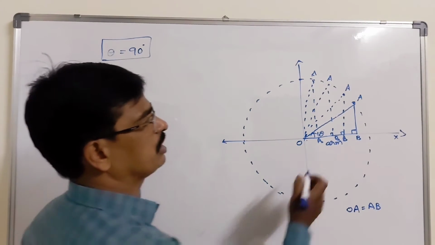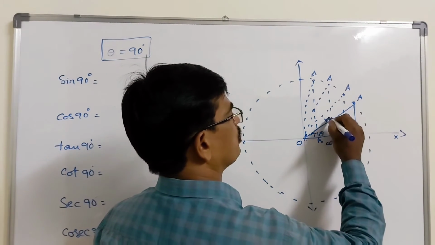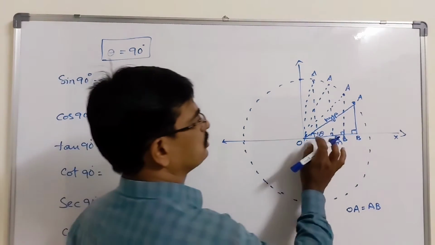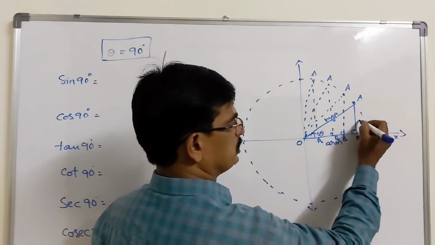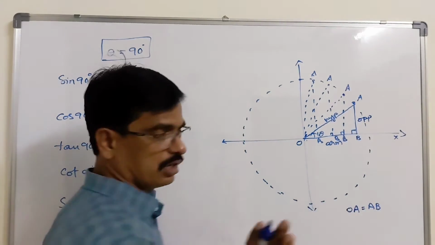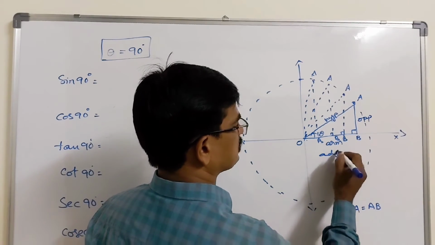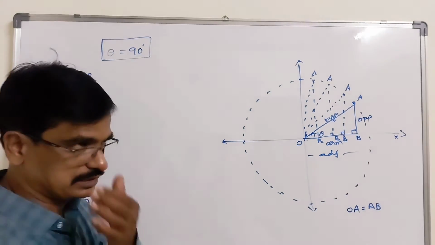Actually, OA means what? Hypotenuse, because it is opposite to the right angle. And AB is opposite to theta, hence AB is called the opposite side. And OB is the adjacent side.